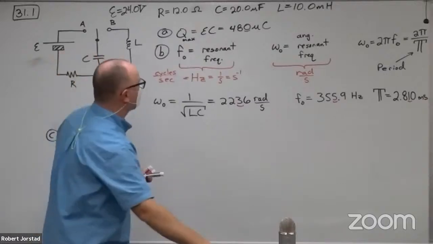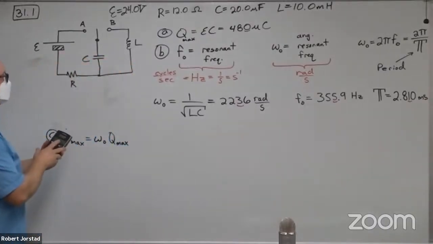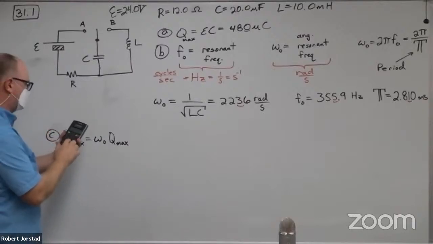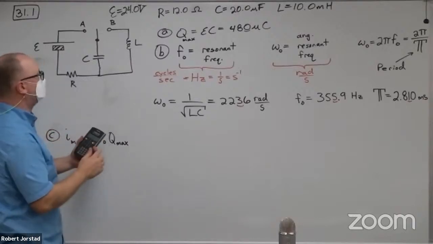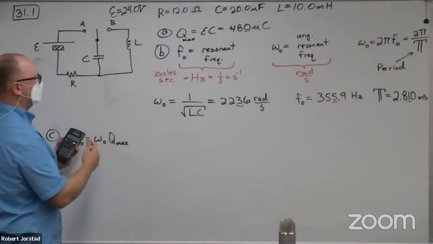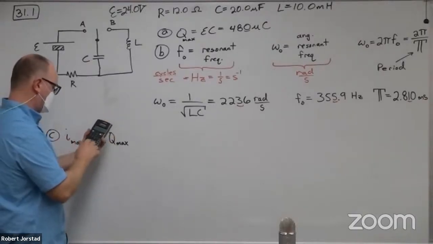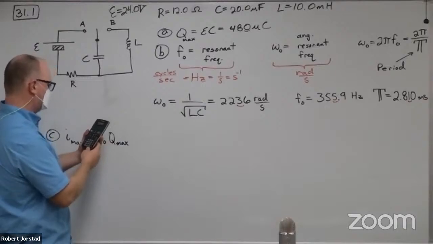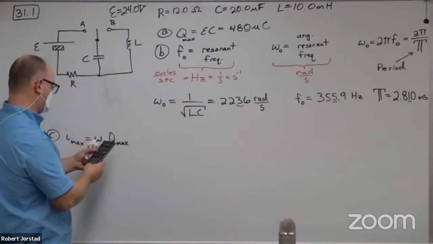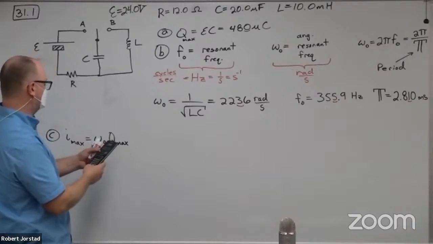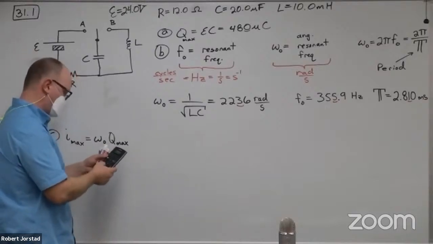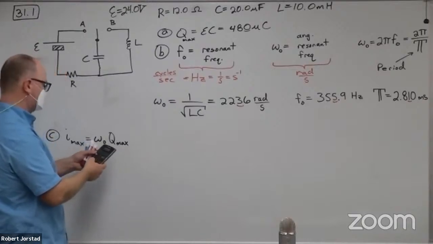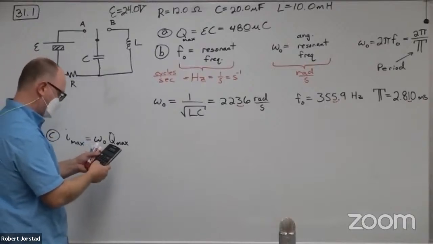Q max is 480 micro, so 480 E negative 6. What the heck was omega naught? Oh, 2236. Oh, I was supposed to multiply it. Whoops, thank you. Times 2236.